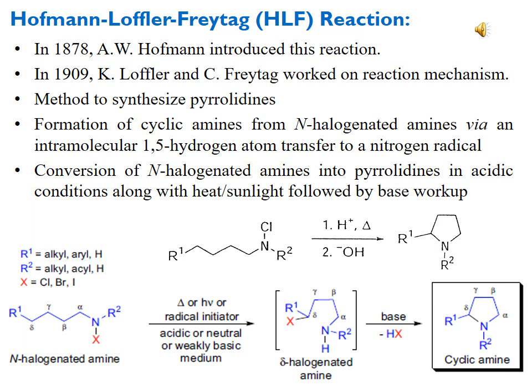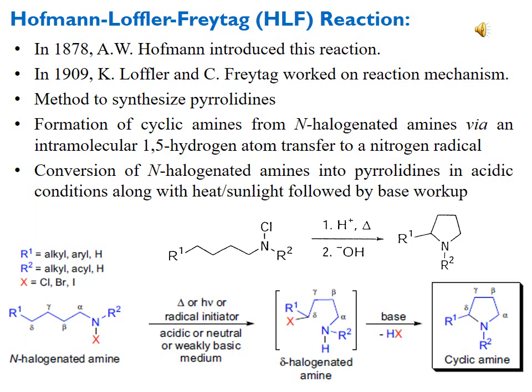The conversion of these N-halogenated amines into pyrrolidines is achieved under acidic conditions, followed by applying heat, thermal energy, or sunlight in the form of visible light or UV light, and finally the product is obtained by workup through the use of base.